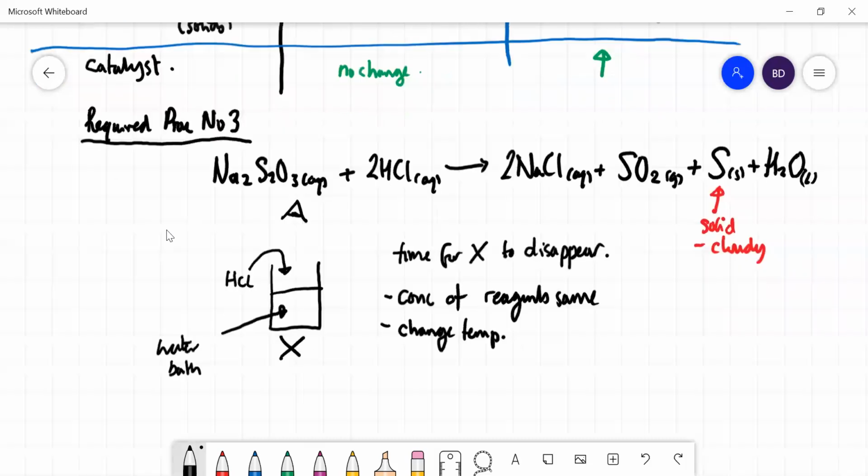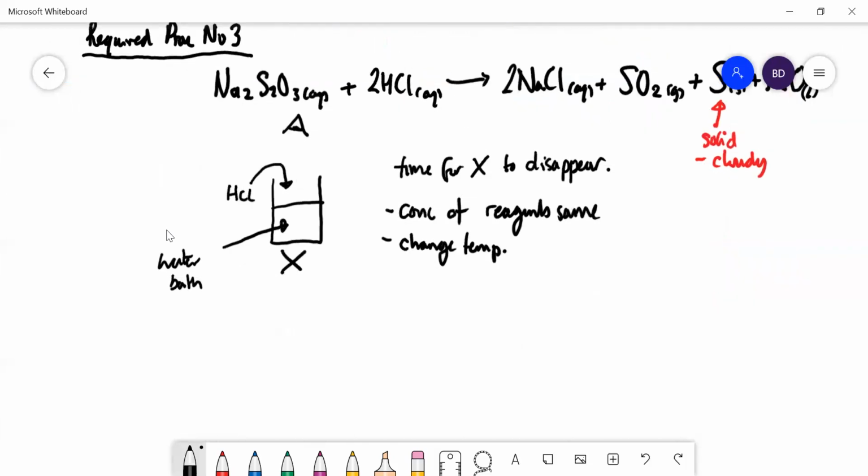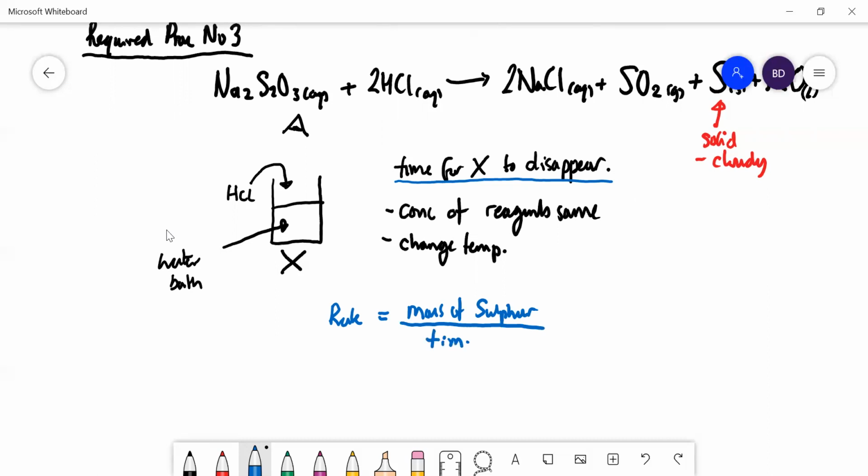Now, the time taken for the cross to disappear is not the rate of reaction, is it? Okay, so the rate of reaction is going to be the mass of sulfur produced over the time. That's what rate is, the rate of product production.